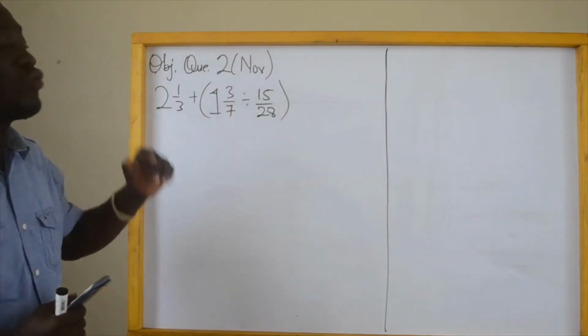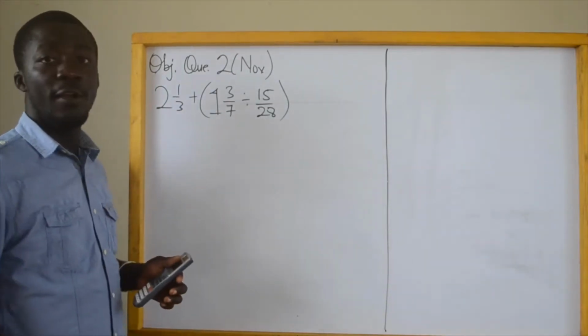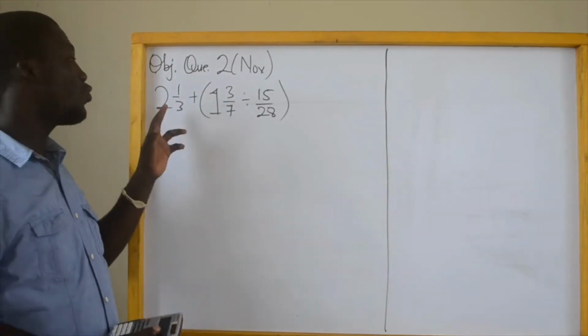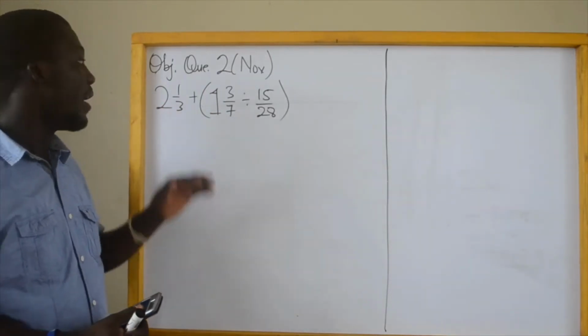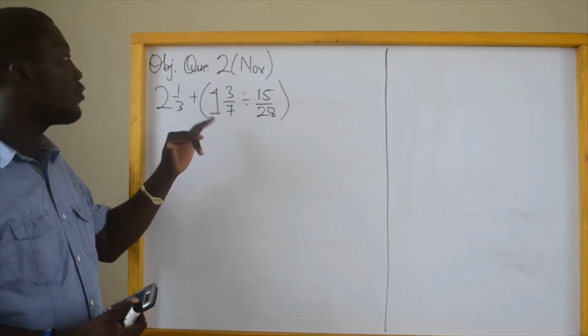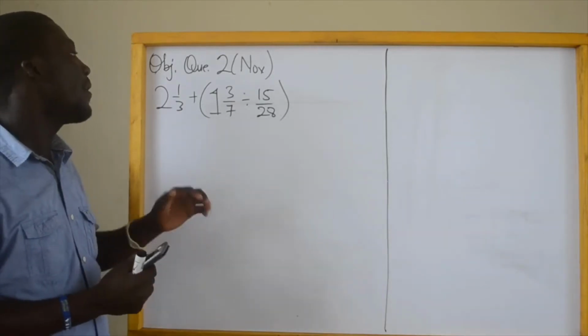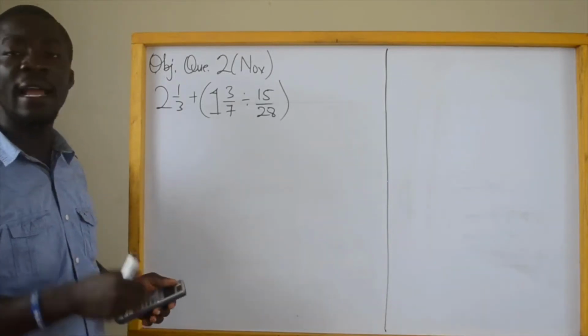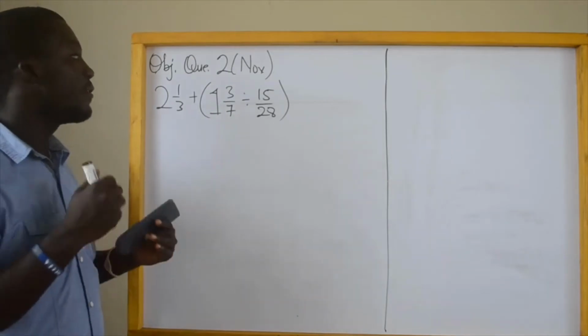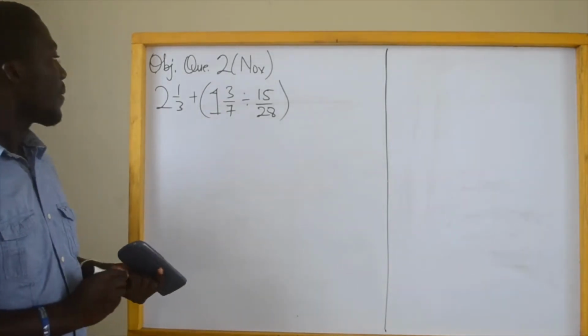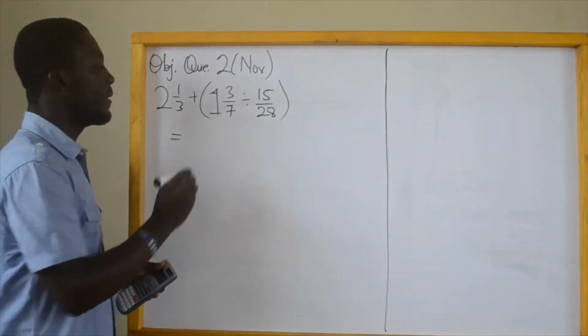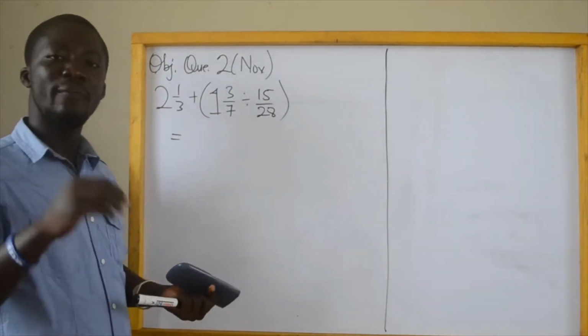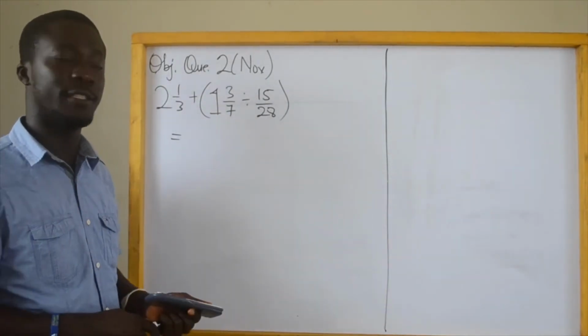Objective question 2, November. We are to evaluate 2 1/3 + (1 3/7 ÷ 15/28). Our first step in this question is to convert the mixed fractions to improper fractions.